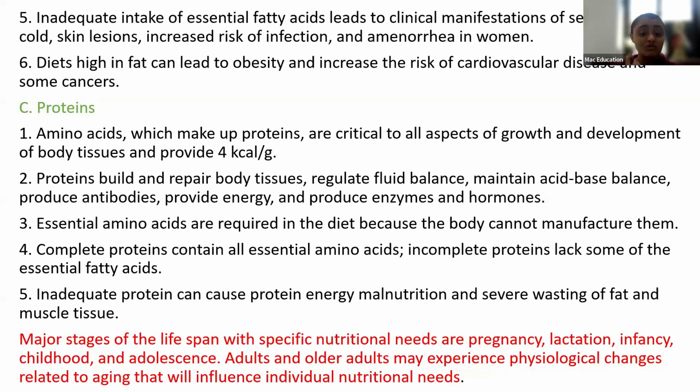The important point that you have to remember is that major stages of lifespan with specific nutritional needs are pregnancy, lactation, infancy, childhood, and adolescence. Adults and older adults may experience physiological changes related to aging that will influence the individual's nutritional needs.